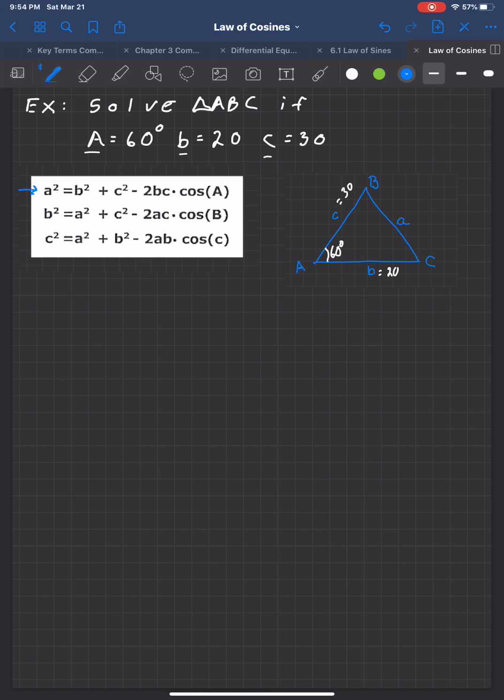I need to know what side A is, and I need to know what angle B is, and I need to know what angle C is. So I'm going to start off and see if I can figure out what side A is. So that's why I'm choosing that first formula. Ready? So as of right now, let's see if I can, bear with me here.